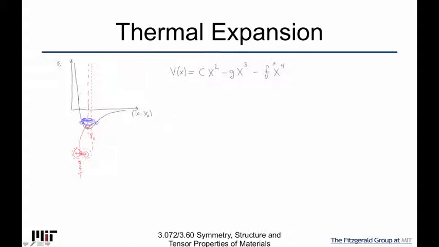You can think about this other term out here as that. But anyway, we can now ask the question: what is the average x, or more importantly, x bar in our notation?